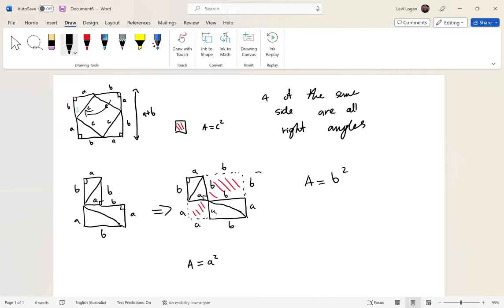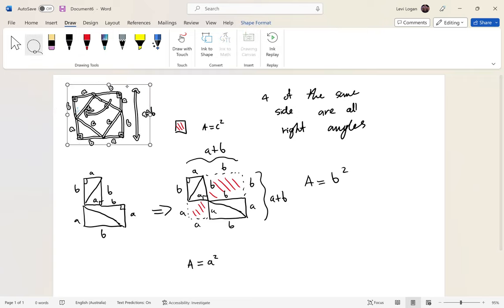So this entire thing here is A plus B. This entire thing here is A plus B. Okay? So we have both these squares, so both of them are actually equivalent.